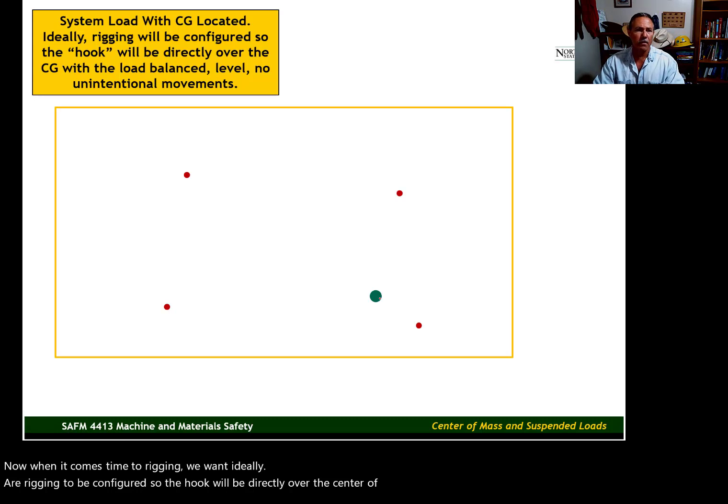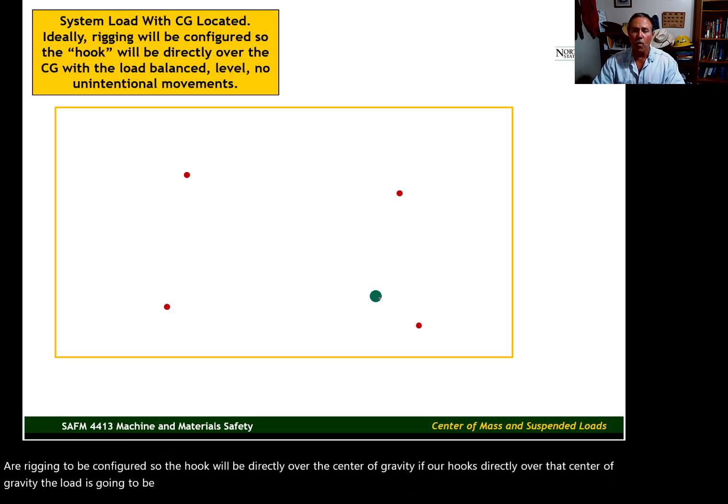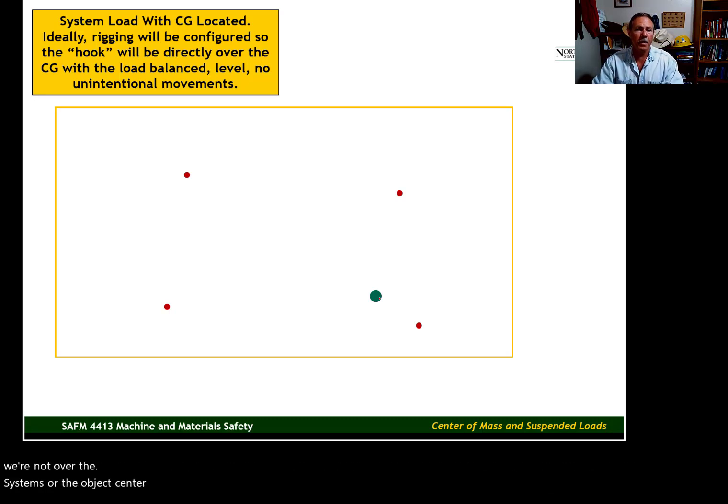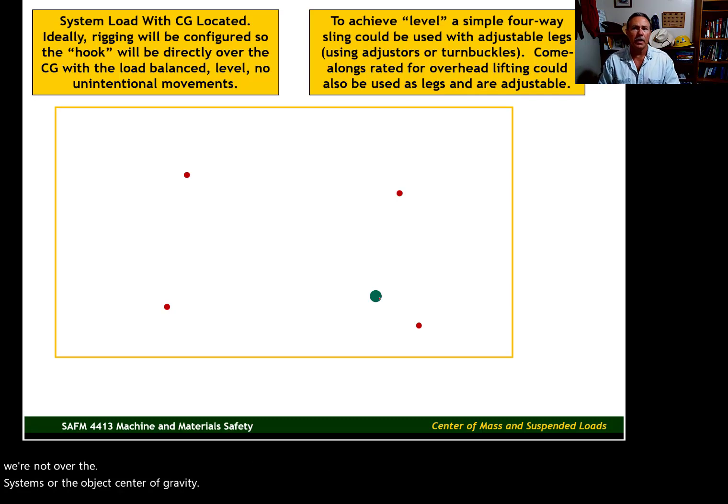If our hook's directly over that center of gravity, the load is going to be balanced, it's going to be level, we're not going to have any unintentional movements because we're not over the system's or the object's center of gravity.